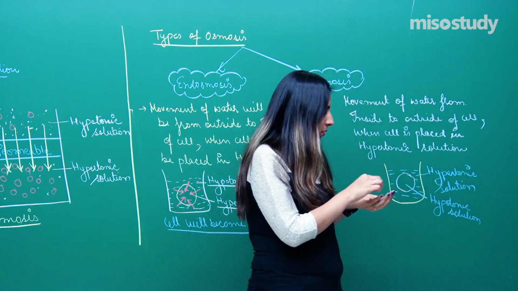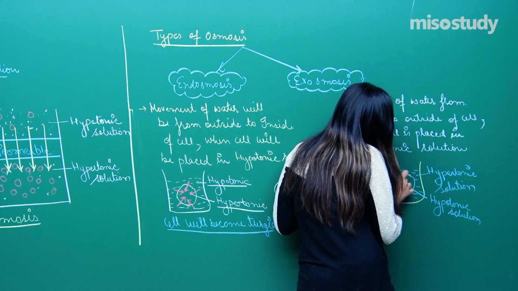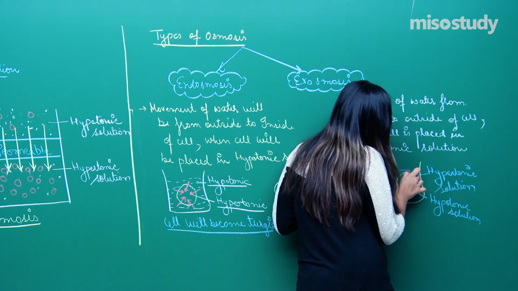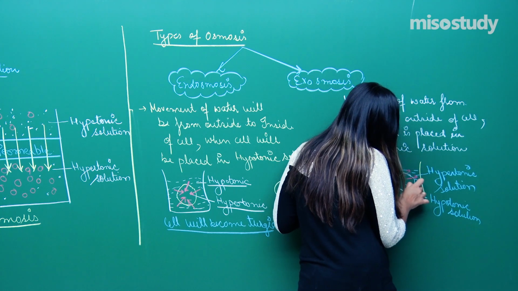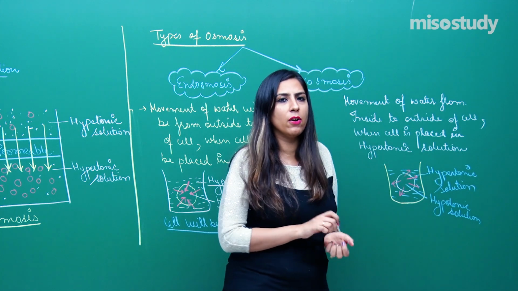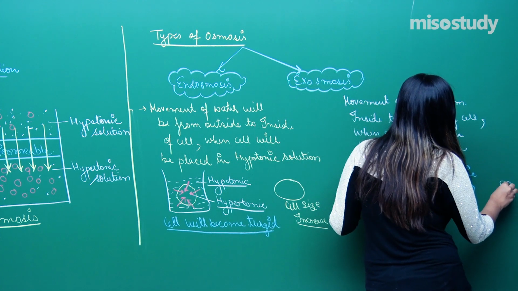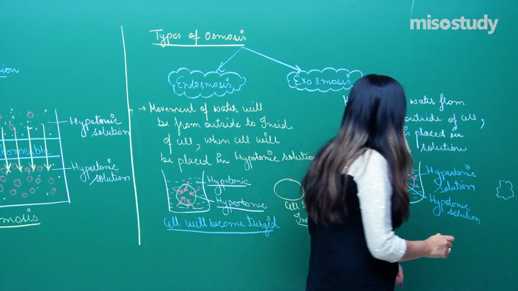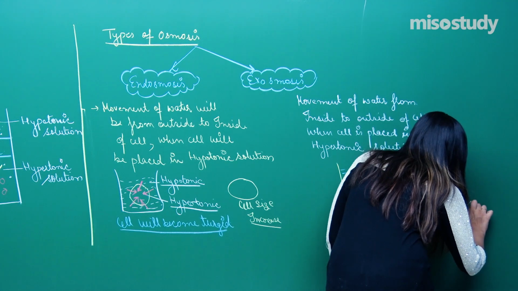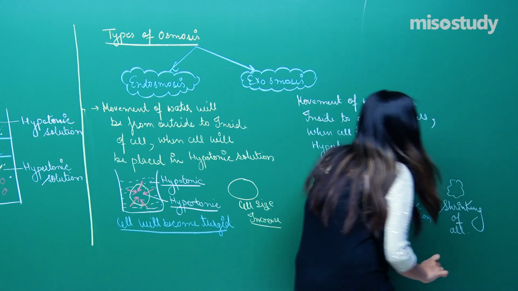Now, this is the opposite of that. Now, water will go from a region of higher concentration to the region of lower concentration. So, water will move like this. As the water will move like this, there will be shrinking of the cell. Now, the cell shape will be like this. Right? This I can call a shrinking of the cell.